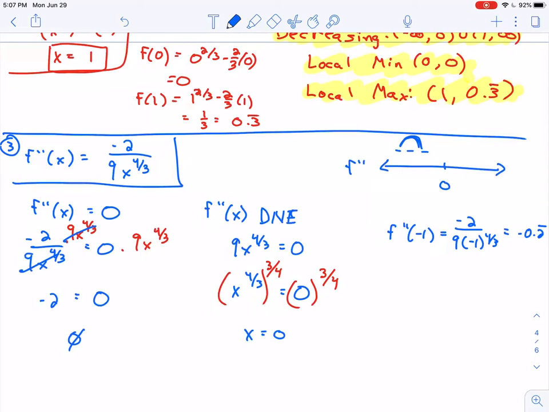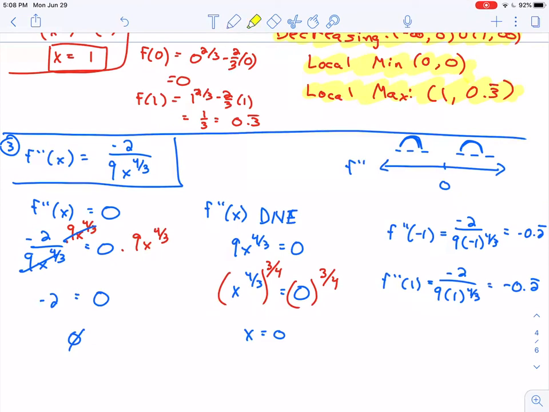Well, what about on the right-hand side of 0? How about we take 1 and plug that in? -2 over 9 times 1 to the 4/3 power. This time I'll end up with, well, the same darn thing, -0.2 repeating, or -2/9. So on the opposite side, my function is still concave down because my second derivative is negative.